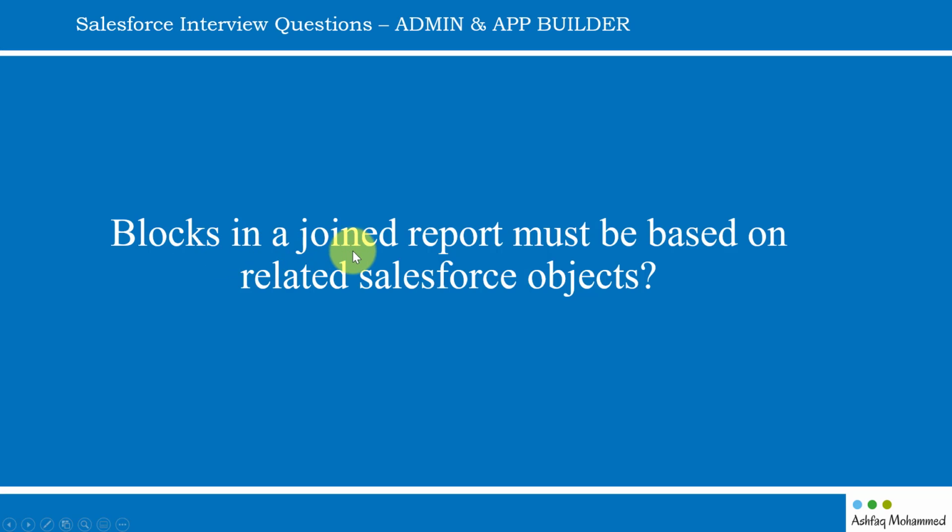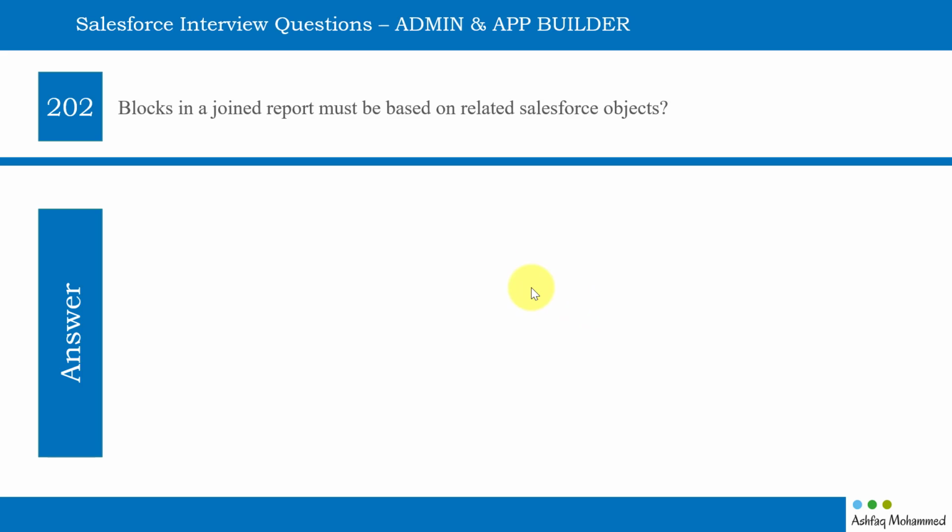Okay. Next question: blocks in a joint report must be based on related Salesforce objects. This is a really good question. Can we create blocks for unrelated objects? Okay. The answer is no. So the blocks in a joint report must be based on related Salesforce objects, right? So the answer is yes.